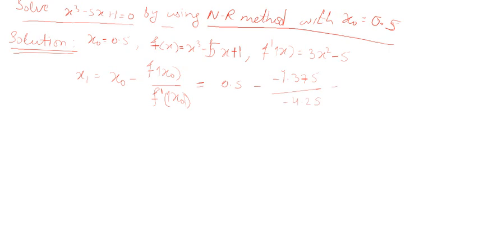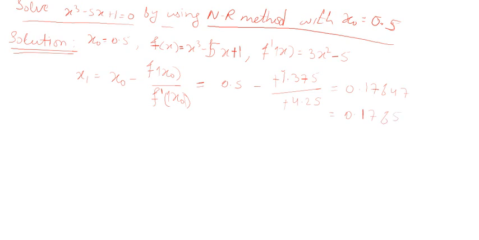If you simplify it, this minus will get cancelled. It will be 0.17647, which we will keep with 4 decimal places, 0.1765.